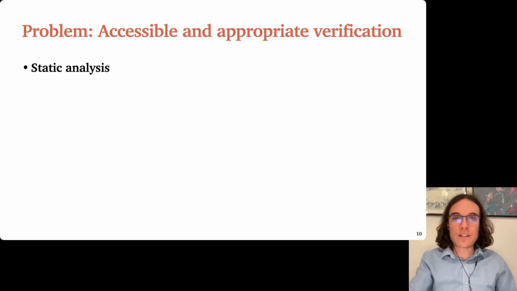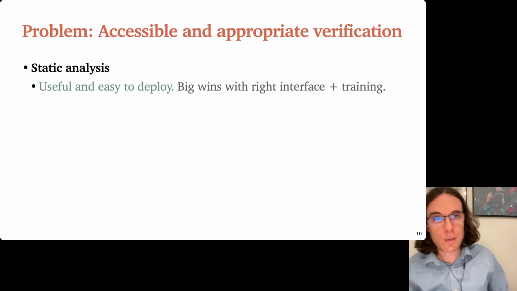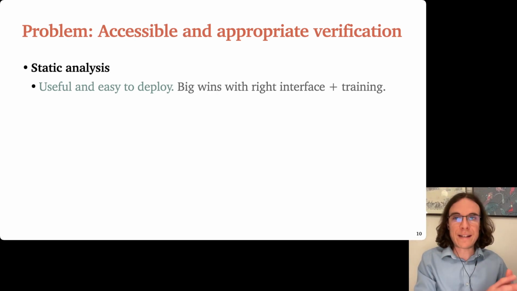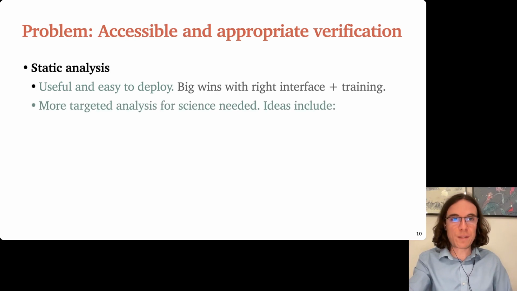So I think static analysis tools are a great thing that could be applied there, and it's something that we've worked on in various projects in the past. They're easy to deploy alongside existing processes. And with the right interface and training, they can be a big win, but they haven't really taken off in this field yet. So there's more work to be done.